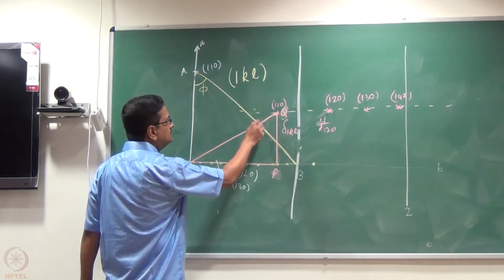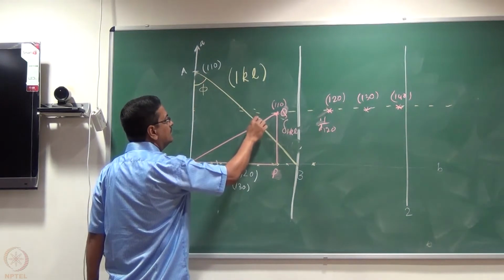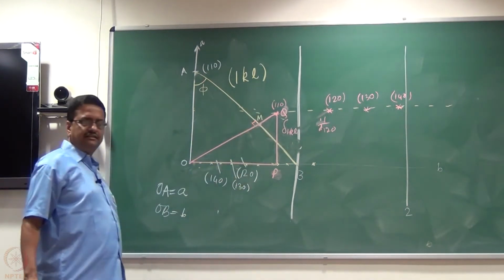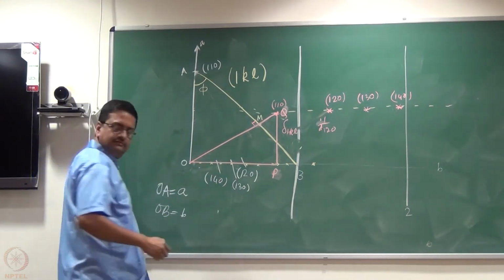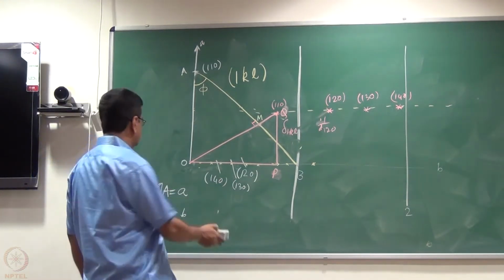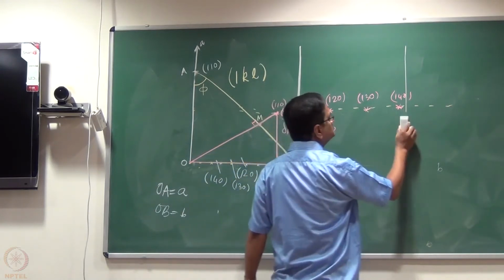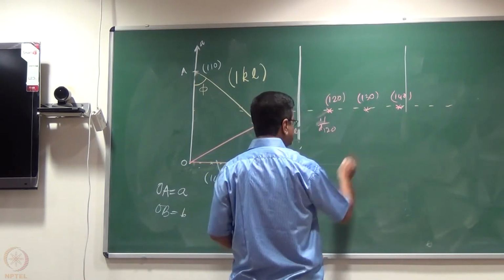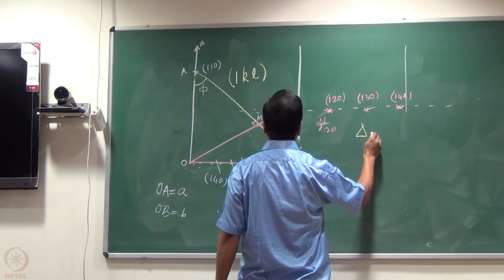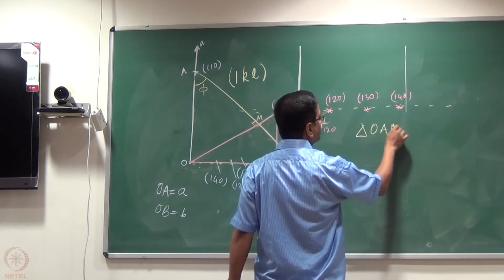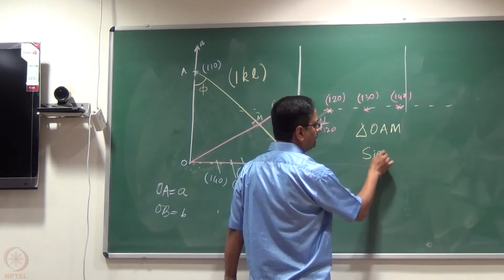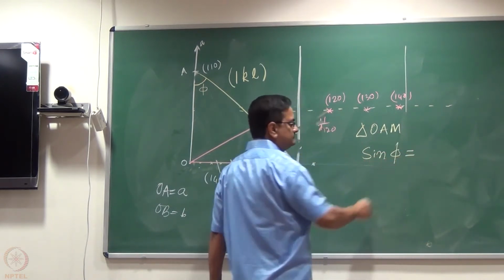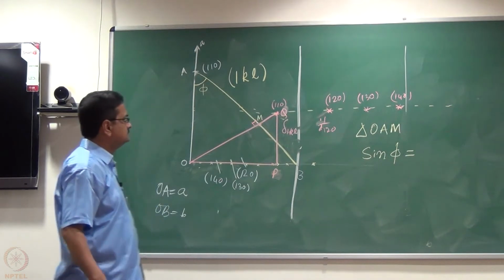So now that point is M. So in this triangle, in case of triangle OAM, what is sine phi?